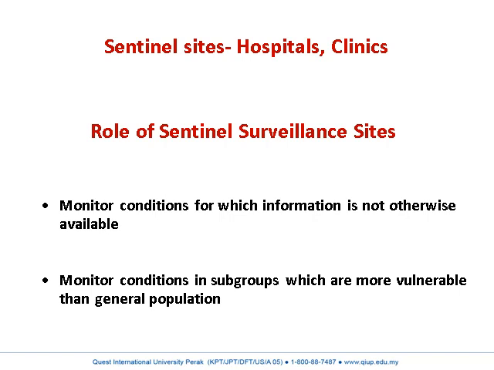So the disease can move from the high risk population to the general population. So the sentinel surveillance system will help you to identify the increase in the disease in the general population.